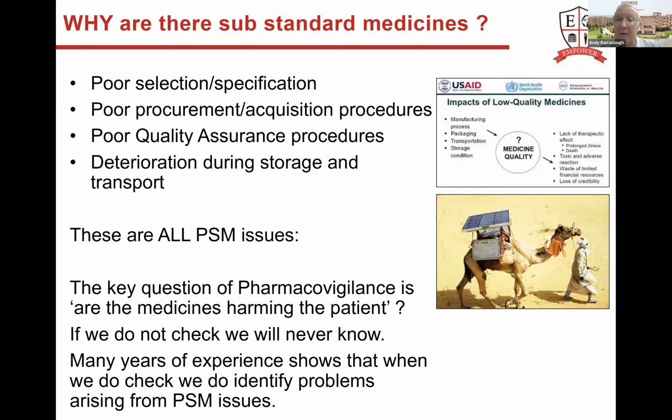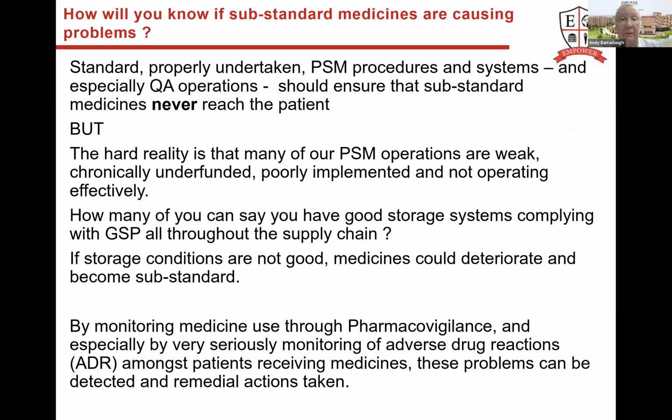If we don't check the quality, if we don't have a pharmacovigilance program, we'll never know if we are harming the patient. And when we do check, we often find out that we are. And we need to change and drive better storage, better distribution, better procurement. How do we address these issues?